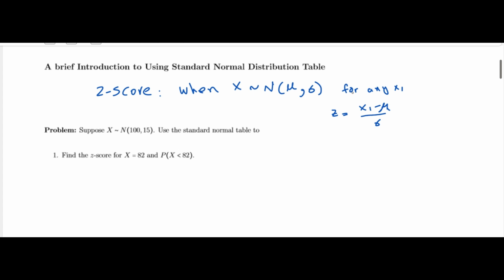And why is that good? Because, according to what we said in class, I can use the normal distribution N(0,1) to find the probabilities for z, which gives me probabilities for x1.